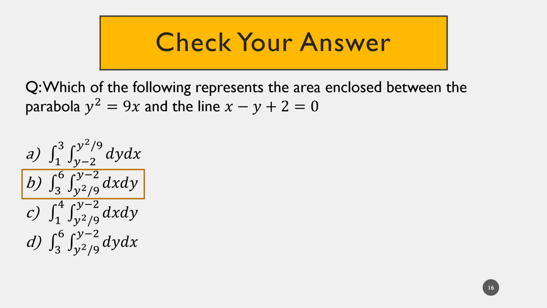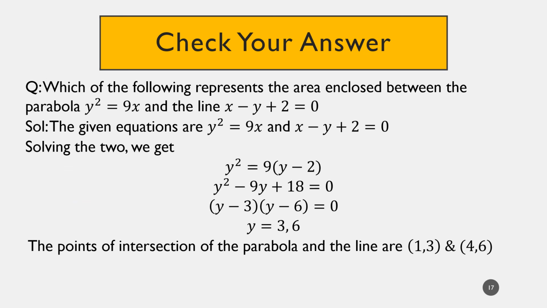For this, we need to plot these values again. Solving the two equations, equating the values, we are getting y as 3 and 6. So the corresponding values for x are 1 and 4.